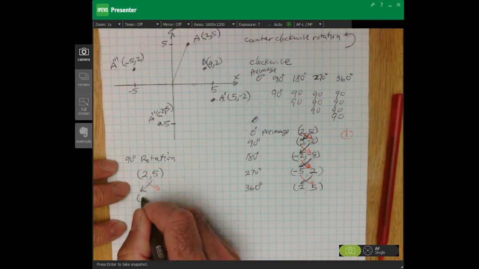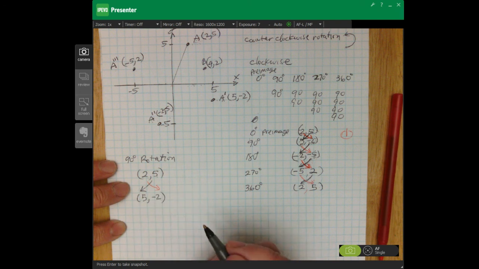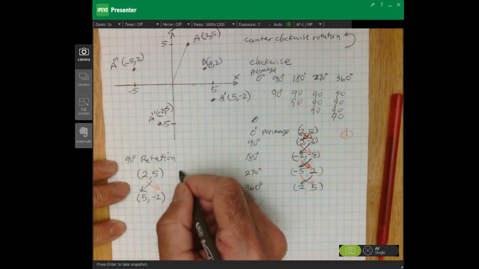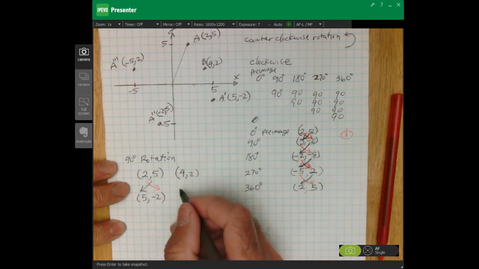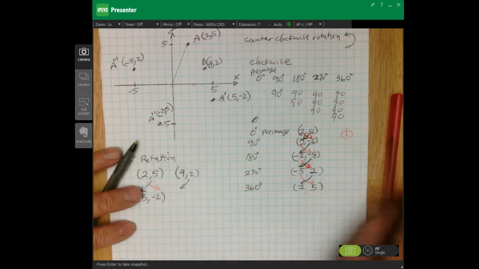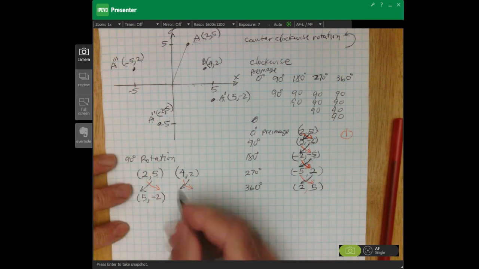That went to 5, -2. So if we use this number right here, 4, 2, okay, then perhaps that'll do the same thing. All right?